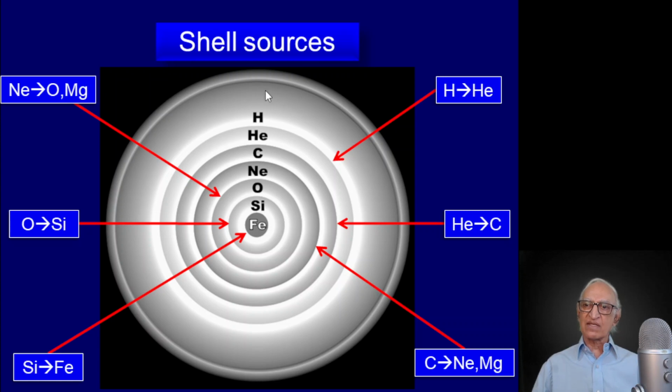This is all right at the central region of the star, and out there is the rest of the star, millions and millions of kilometers in radius. So the core of the star at the end of the stellar drama will look like an onion with many, many, many layers. This is known as the onion skin model of a massive star.